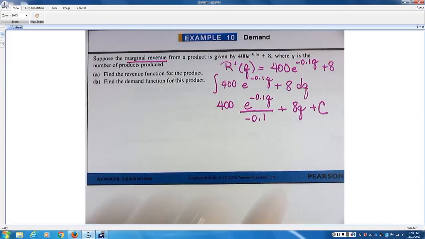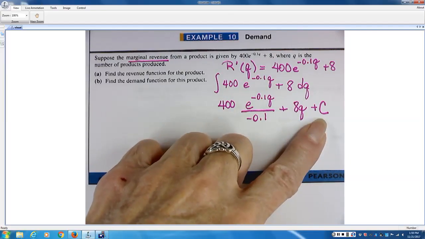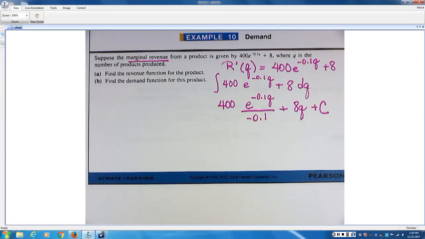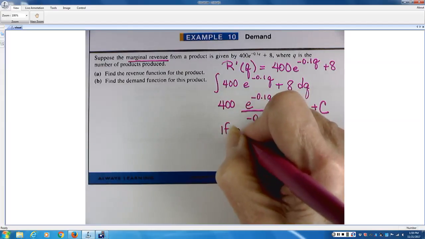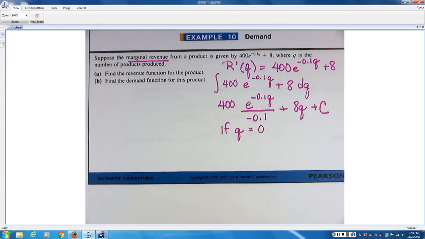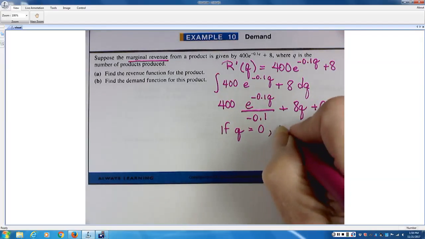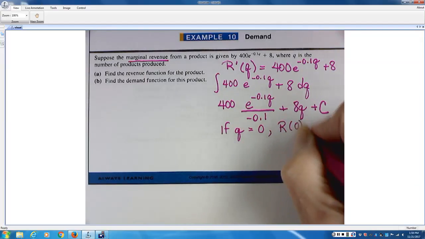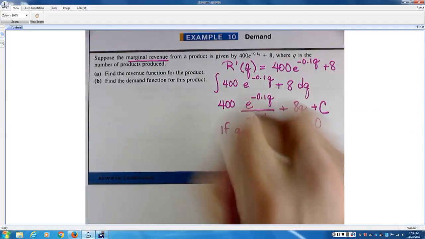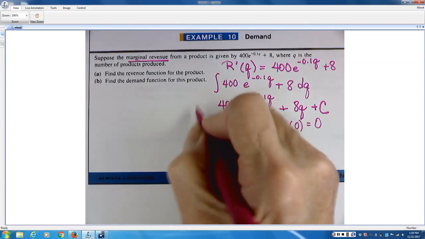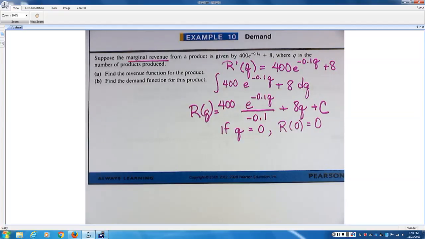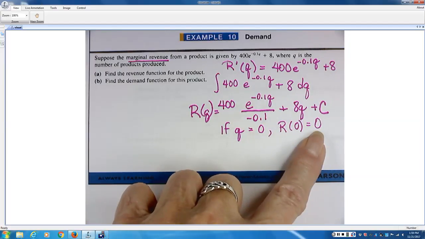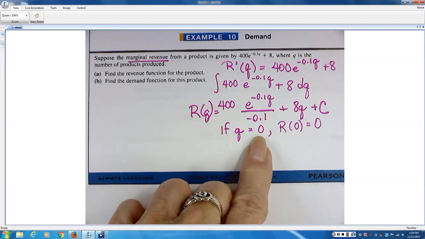And then in order to figure out what c is, we take into account that if q is equal to 0, your revenue is also equal to 0. So if this is our revenue function, then it's equal to 0 if q is equal to 0.